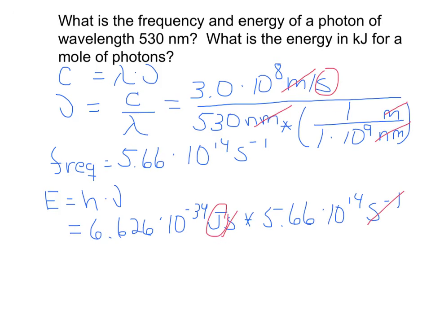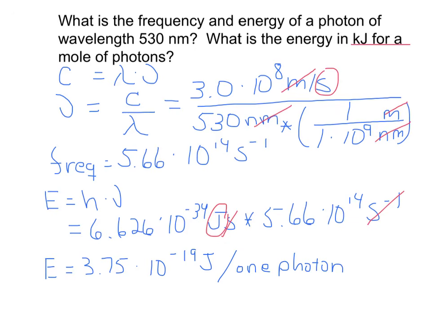The value that we get when we put it into our calculator is that energy is equal to 3.75 times 10 to the minus 19th joules, and that's for 1 photon. Now, our last question asks us, what is the energy in kilojoules for a mole of photons?